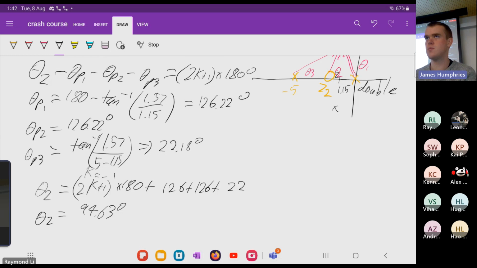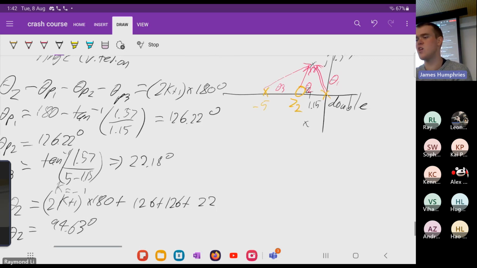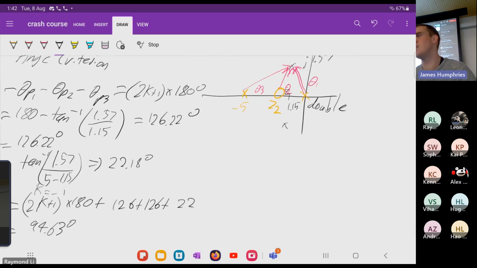Happy with that? So for a sanity check, would you just look and be like, oh yeah, it looks close to 90 degrees? Yeah. If I got 10 degrees, I'd be like, something's not right here. We would expect it to be somewhere in between, because you know what this angle is.